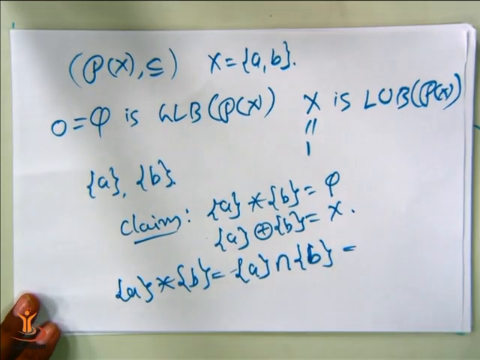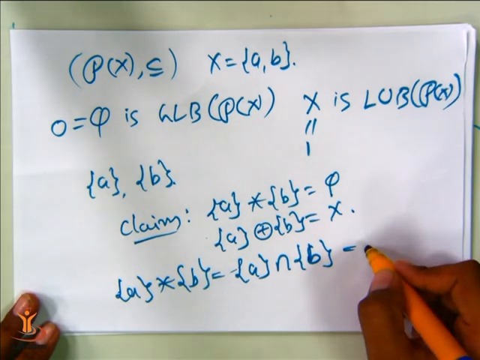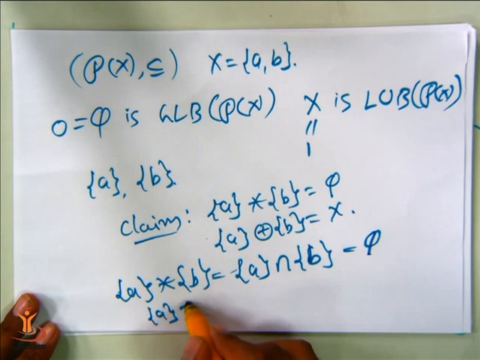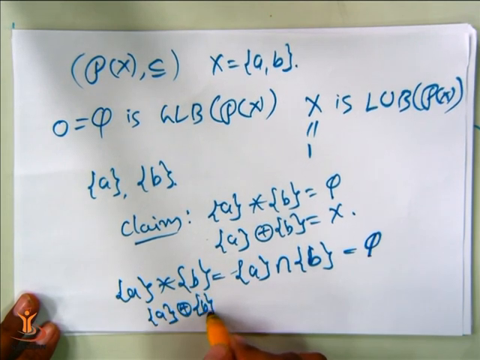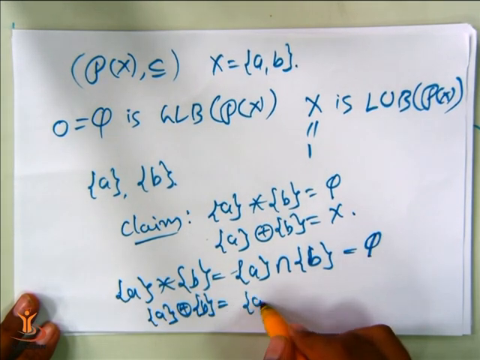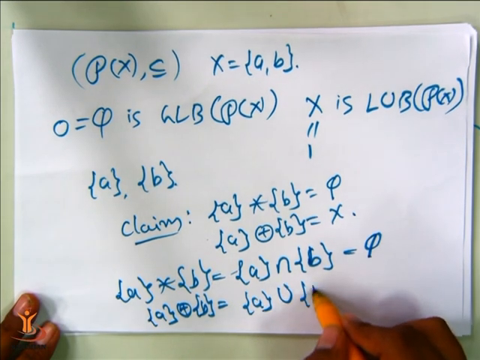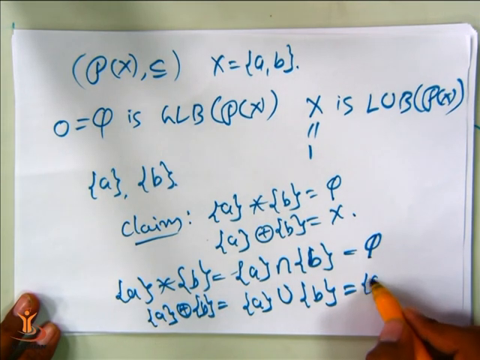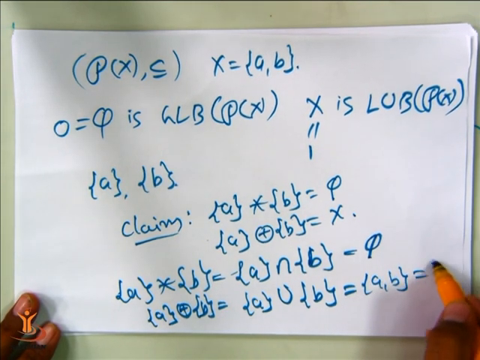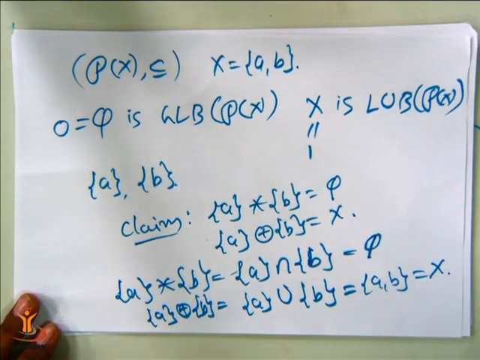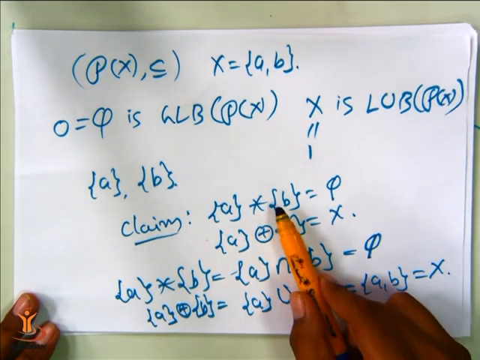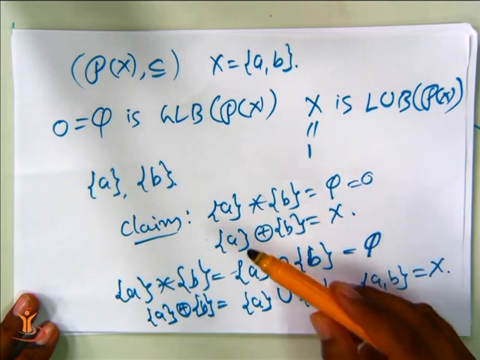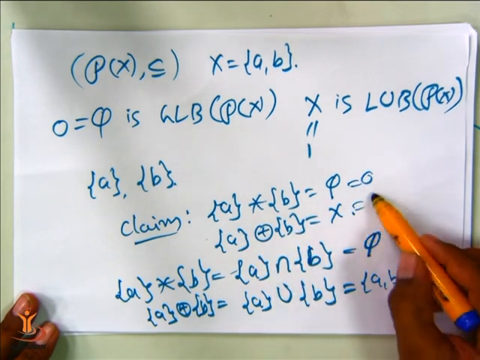Here there is no element common to both, therefore this intersection will be phi. And singleton A ring sum singleton B is equal to singleton A union singleton B. The union of these two elements will be the set {A, B}, and that is our X. Therefore, for singleton A and singleton B, the star is the 0 element, this phi, and the ring sum is X, that is the 1 element.